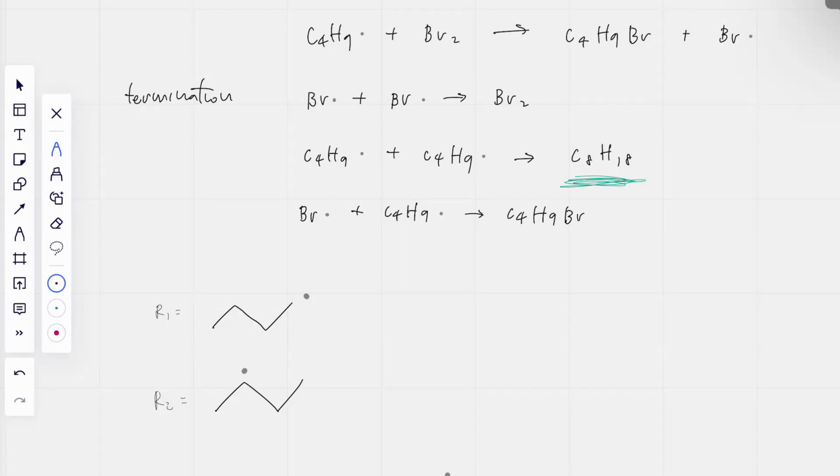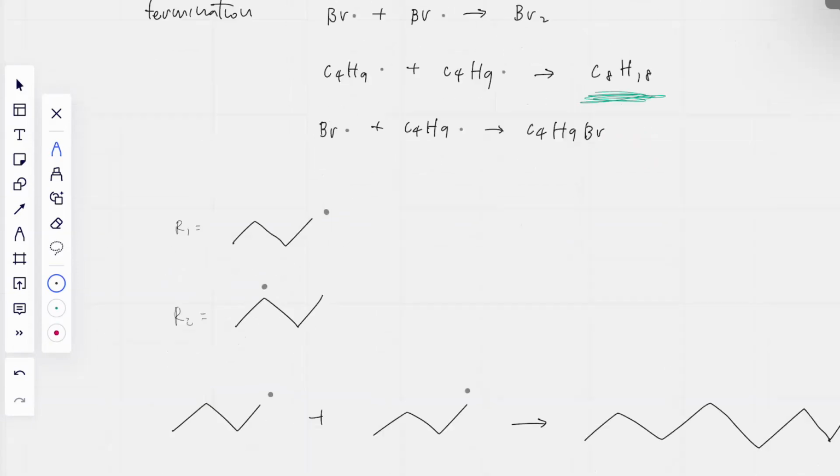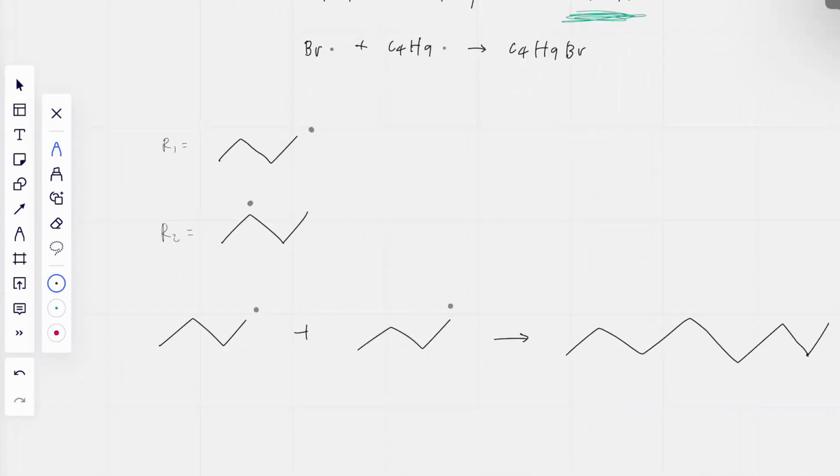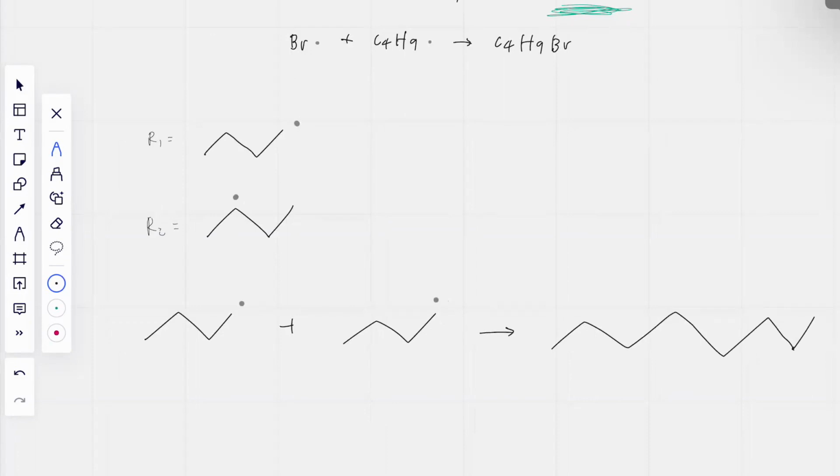Yeah, good. Then this is the octane, right? How many do you produce? 3, right?